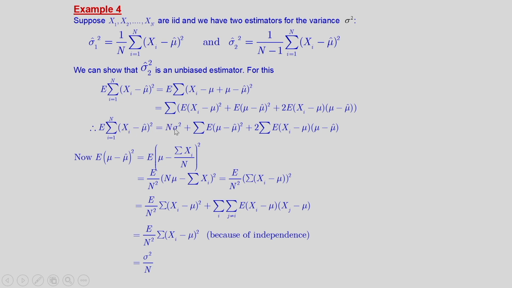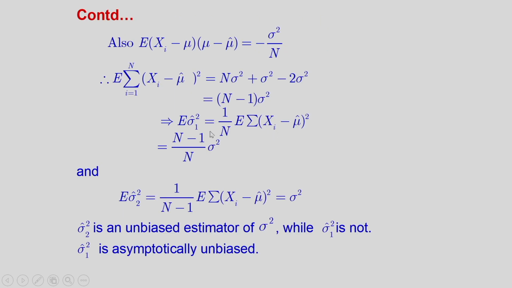This is equal to n sigma square plus sigma square minus 2 sigma square. So that way it will become (n minus 1) sigma square.